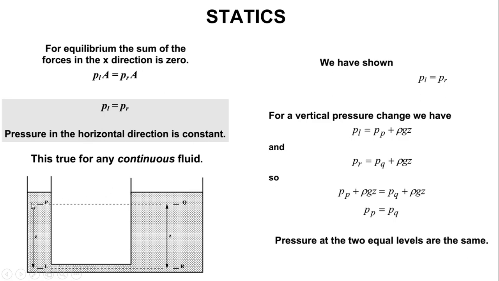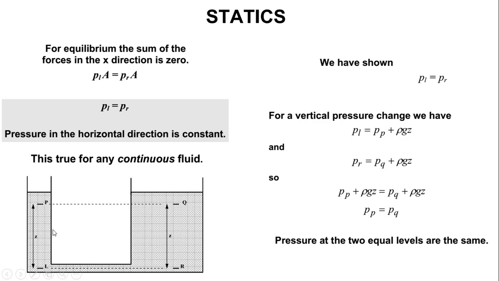So pressure at L will be equal to pressure at R, and pressure at P will be equal to pressure at Q. Which means pressure at two equal levels is the same for a continuous fluid.